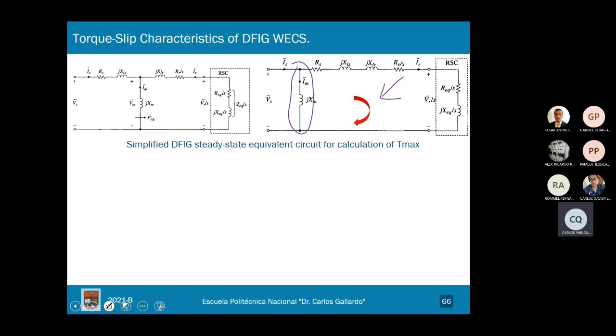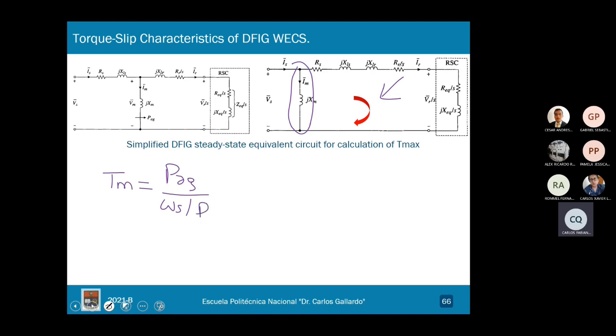Okay, so now in order to compute the electromagnetic torque of the generator, I will say by definition the electromagnetic torque is equal to the air gap power over the stator speed over the number of poles.